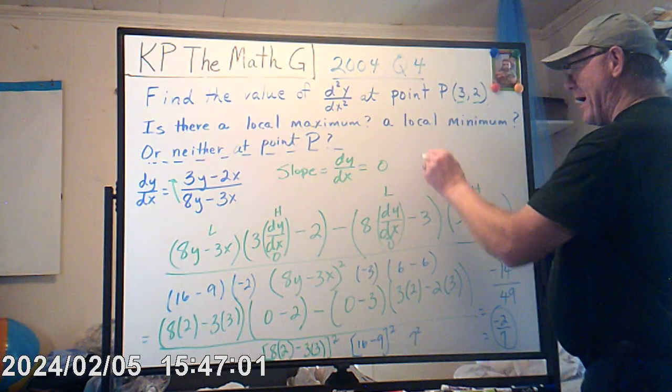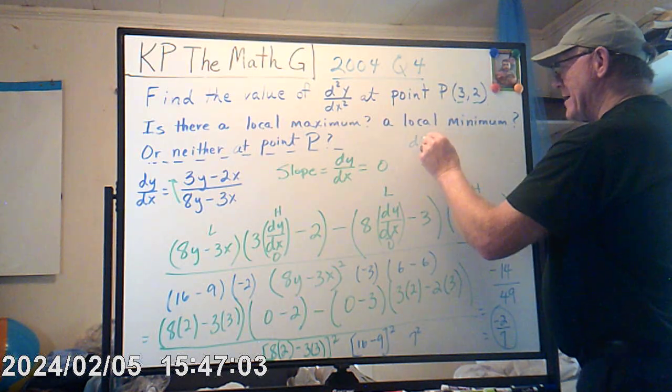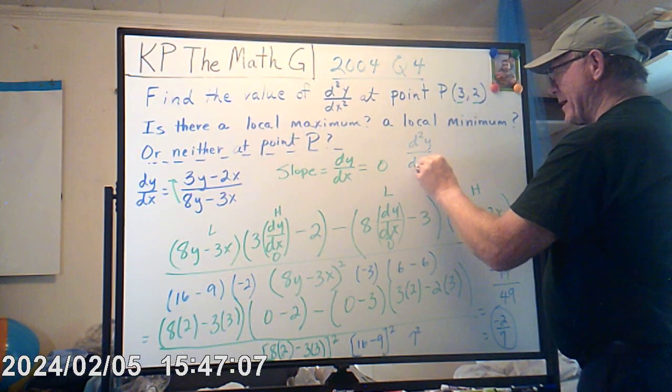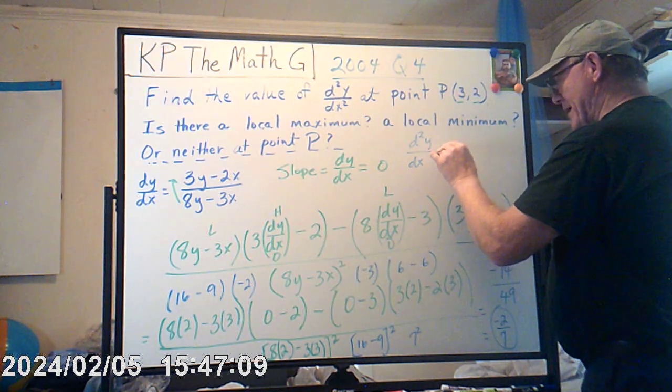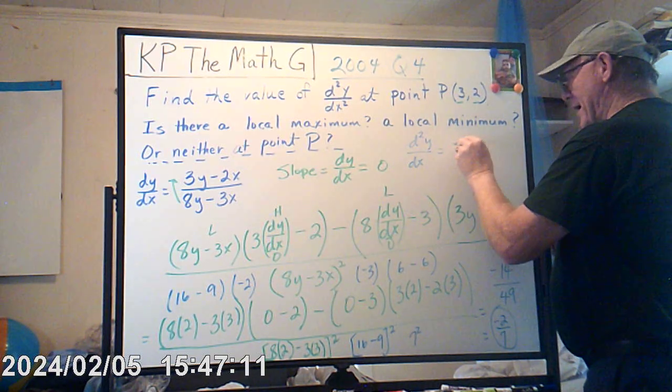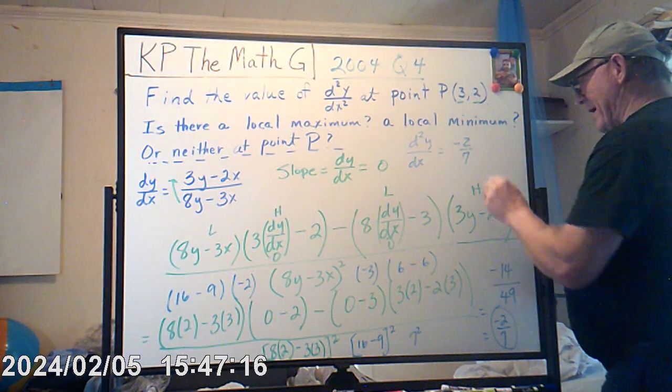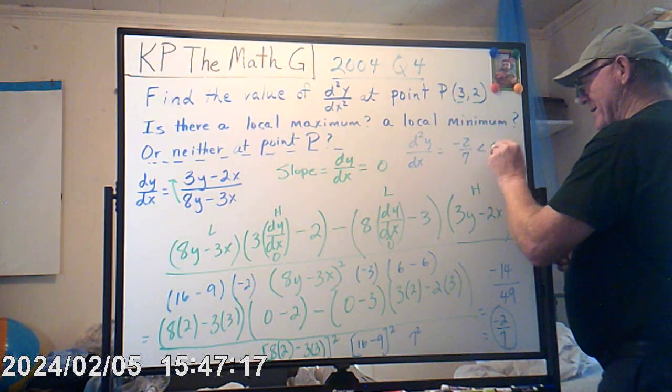So now we've got d2y, the second derivative, is equal to negative 2 over 7. Now, again, that is less than 0.